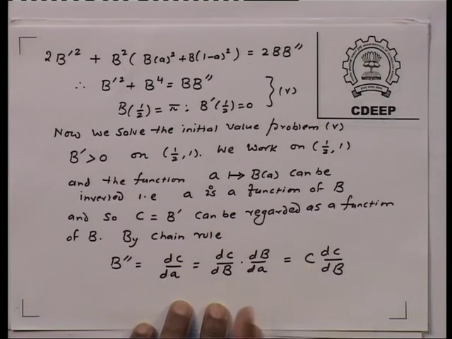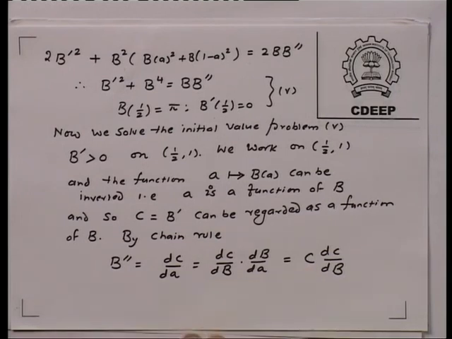It is exactly for performing this chain rule that I must worry about the invertibility of the function B. But dc by dB, keep it as it is, and dB by dA is c. So, b double prime is nothing but c dc by dB.